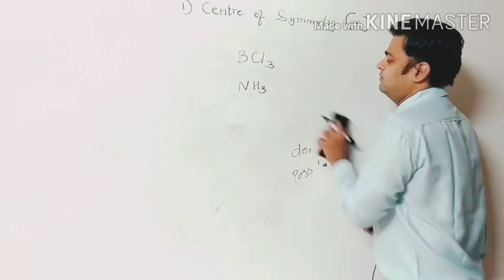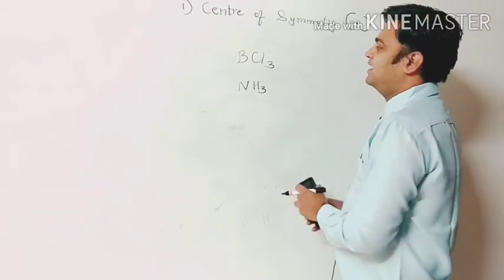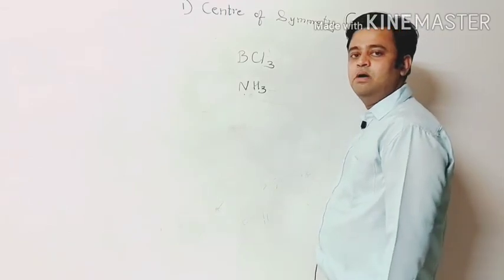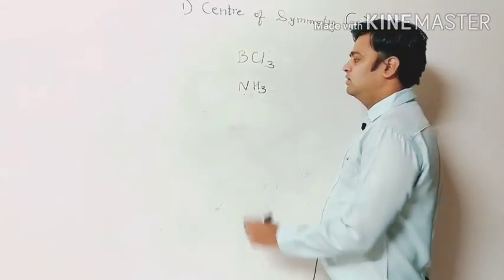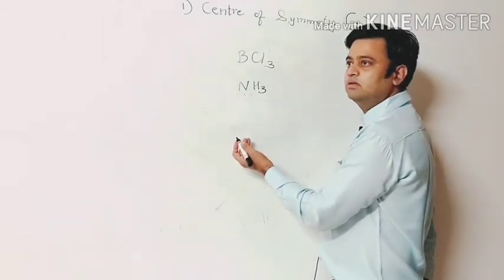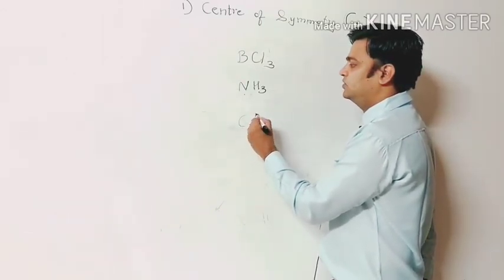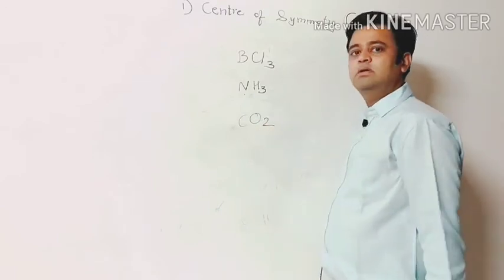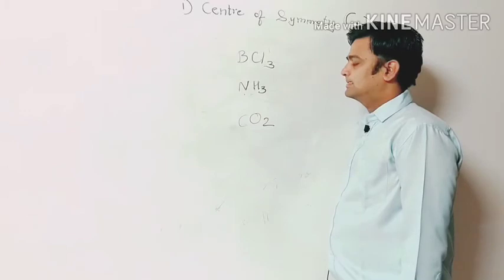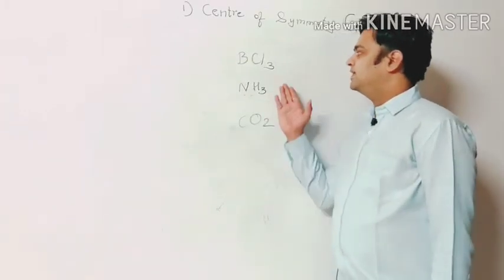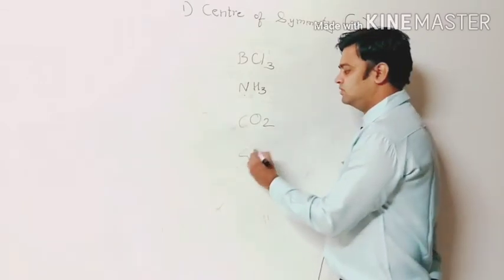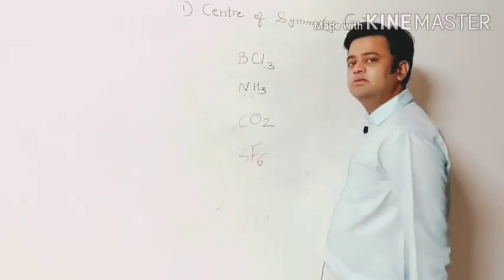Now at home, you try with NH3, ammonia. You try with some other molecules like CO2. Does it possess a center of symmetry? Just check it. Try with BCl3, NH3, CO2, SF6, CH4.